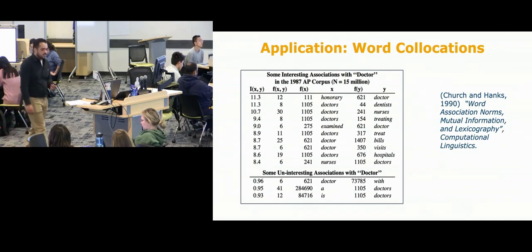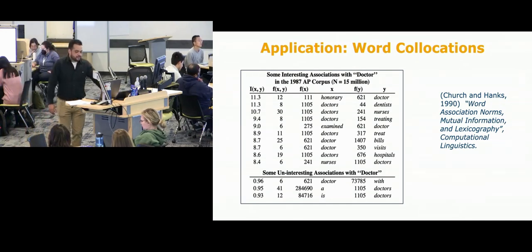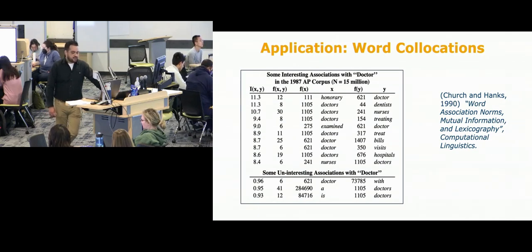What they did was they wanted to find some interesting associations with doctor in the 1987 Associated Press corpus. N is 15 million, so 15 million words were in the 1987 AP corpus. They computed the mutual information, so you could see what the terms are that have the highest mutual information with doctor.